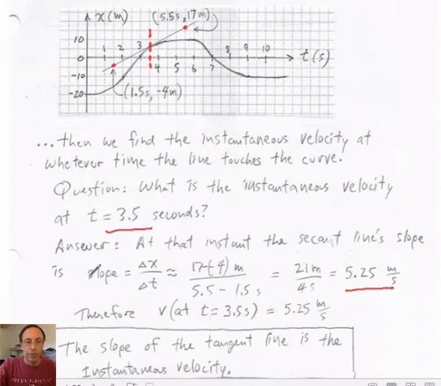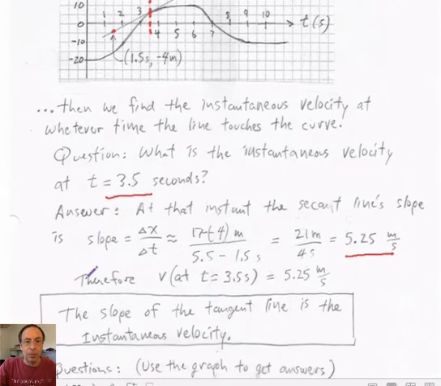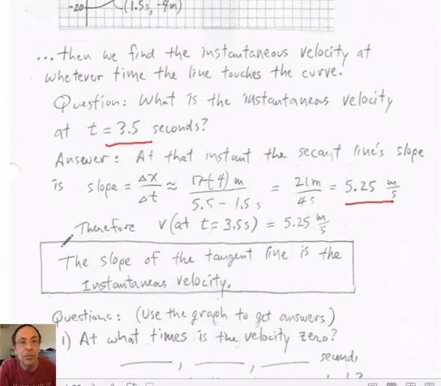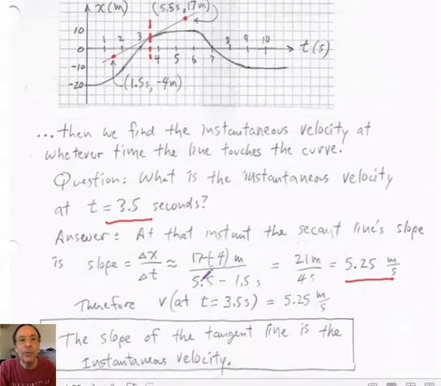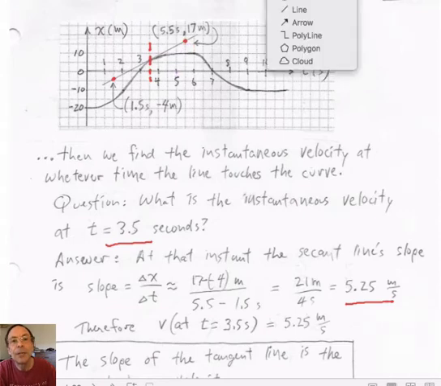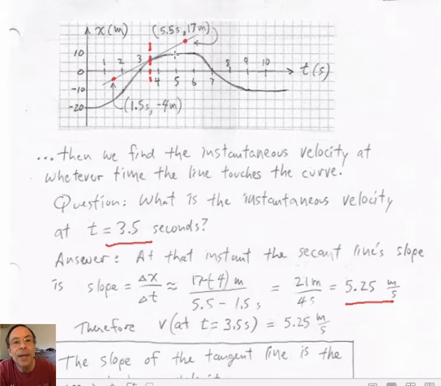So there are many important lessons here, but one of them is that the slope of the tangent line is the instantaneous velocity. Now notice that this slope keeps changing. The tangent line keeps changing. So for example, what's the tangent line look like at 5.5 seconds?